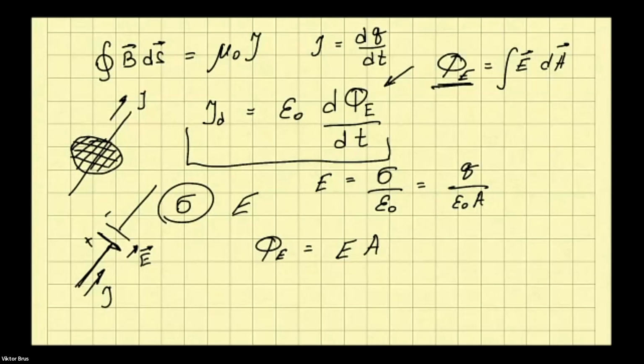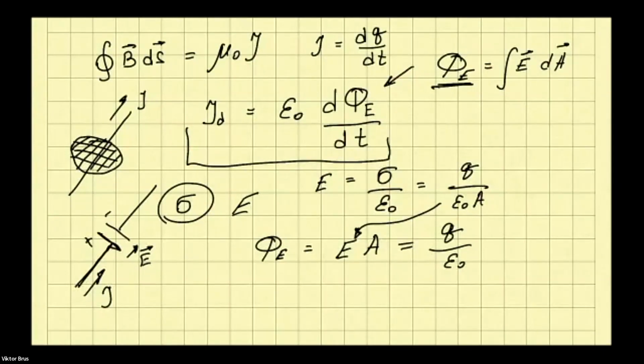The electric field here is constant, because inside a parallel plate capacitor it doesn't change with position, and that's why we can use this product, electric field times area. Substituting the expression for the electric field, we get that it's equal to Q, the electric charge accumulated in the capacitor, divided by epsilon naught. So the area will cancel out.